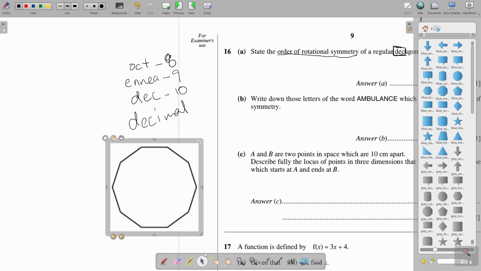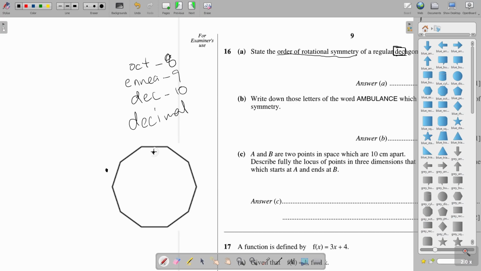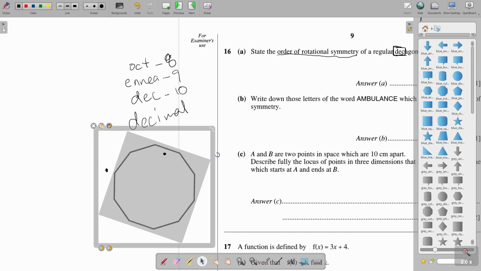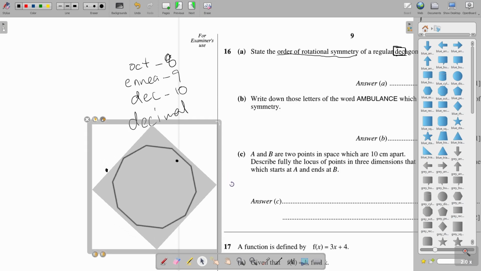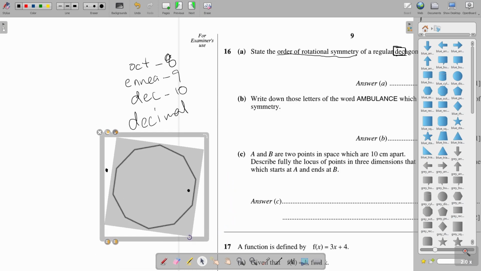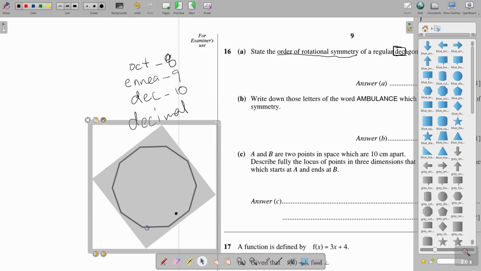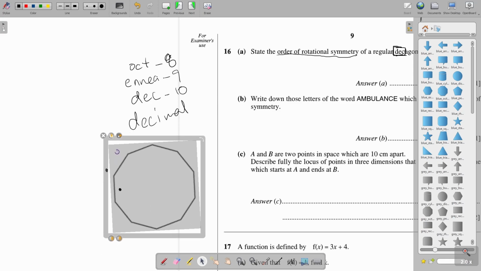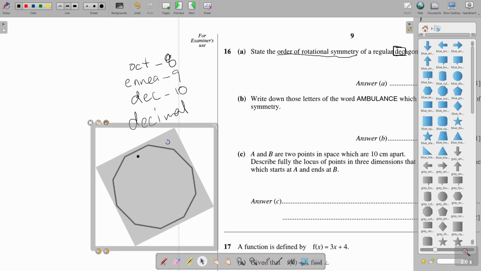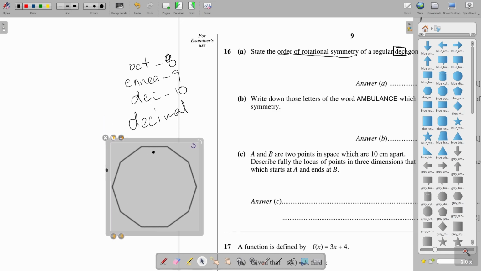Okay, so if I rotate it, we'll have these two dots as our reference points so that we can see them moving. This dot doesn't move, but that dot will move, and that way we can test it. So that is 1, 2, 3, 4, 5, 6, 7, 8, 9, and 10, right?